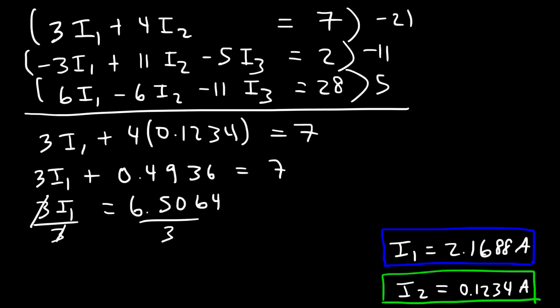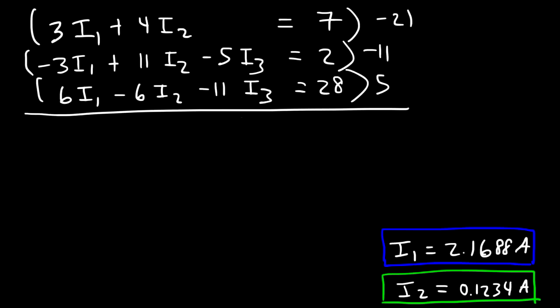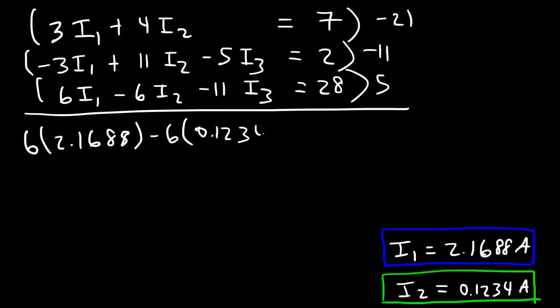And I'm going to use the third equation before multiplying it by 5. So this is going to be 6I1, or 6 times 2.1688, minus 6I2, and then minus 11I3, and that's equal to 28.